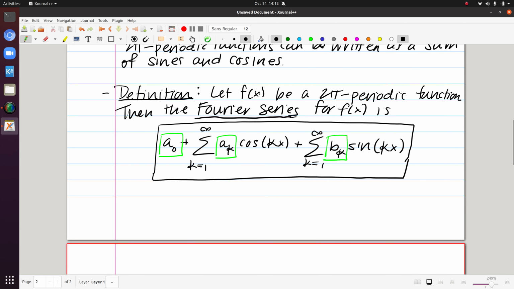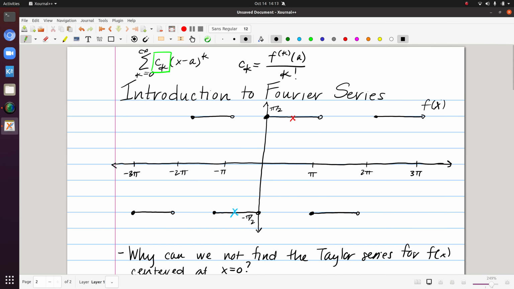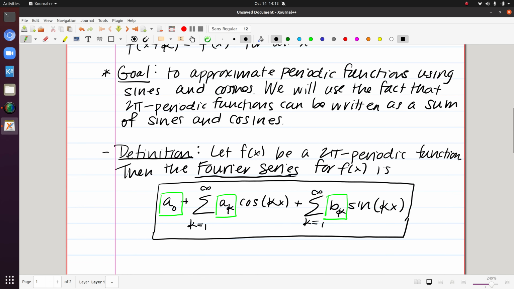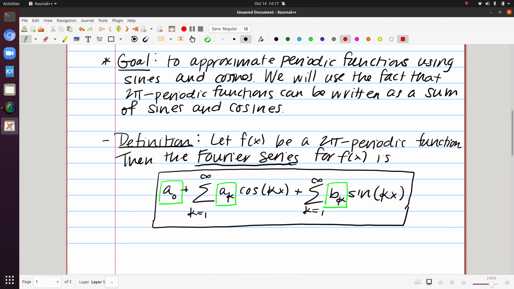And then the other thing that might be a little confusing, when we talked about Taylor series and power series, we always started at k equals 0. And of course, if you look at my Fourier series representation, I've intentionally started these at k equals 1. And one thing I want to point out so that it's clear why we have that: if I were to start at k equals 0, then in that second summation, sine of 0x, sine of 0, would be 0.